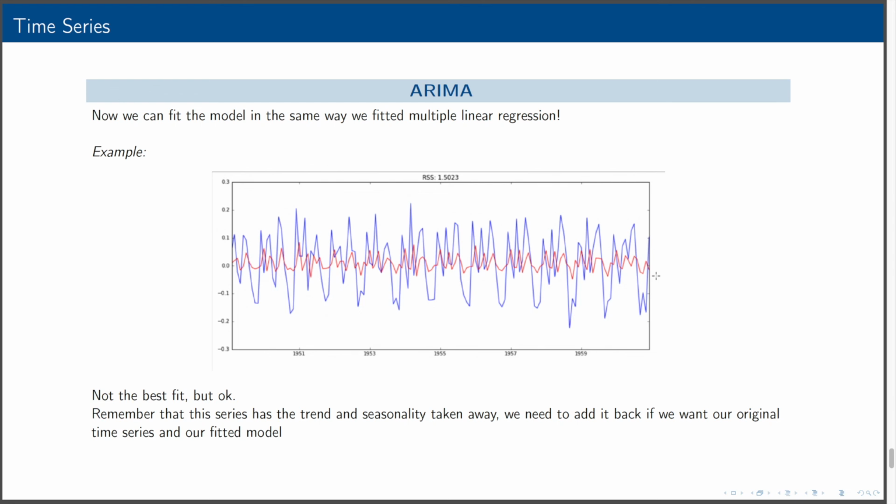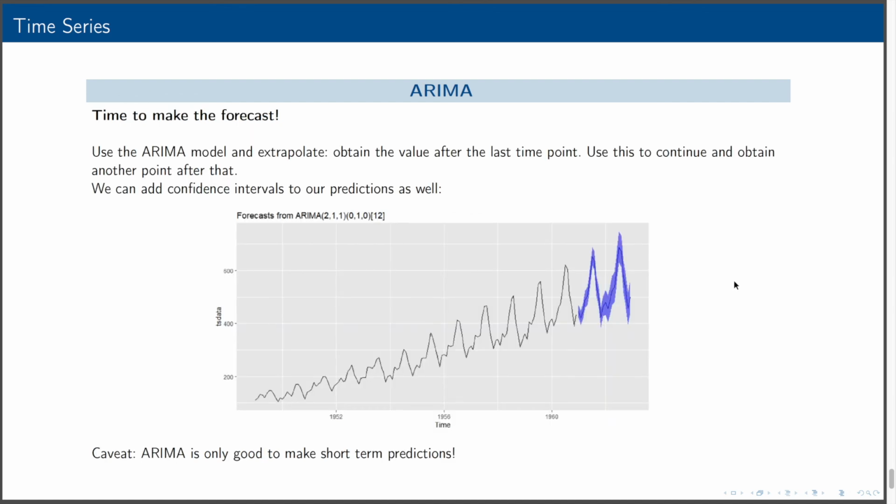Remember, there are some errors and we don't want to predict these errors. Also, this time series has the trend and seasonality taken away, so we need to add them back if we want the original time series and our fitted model. Then you can make forecasts.